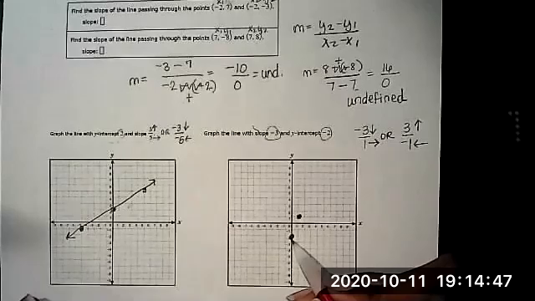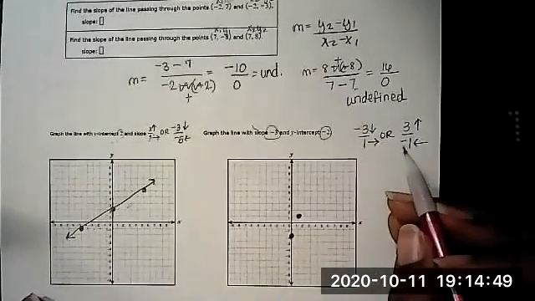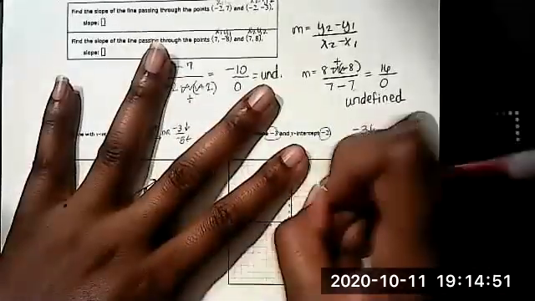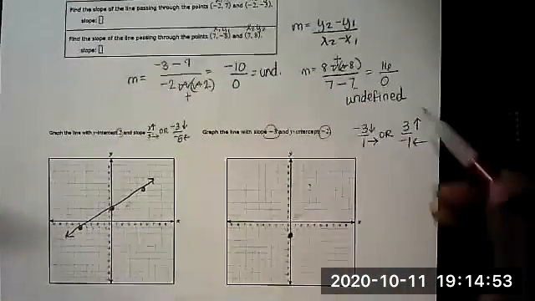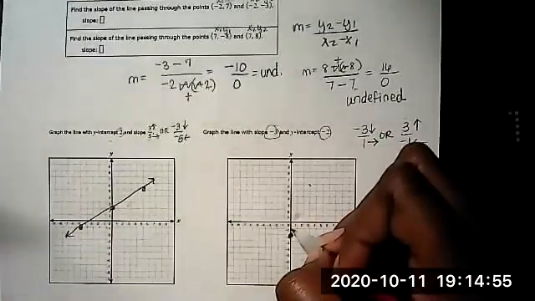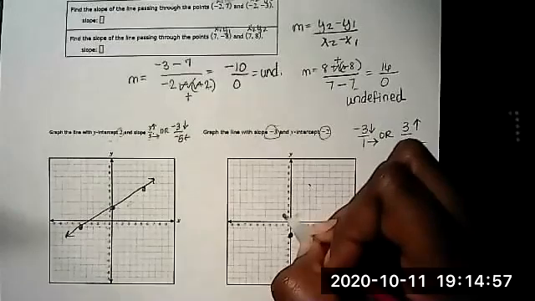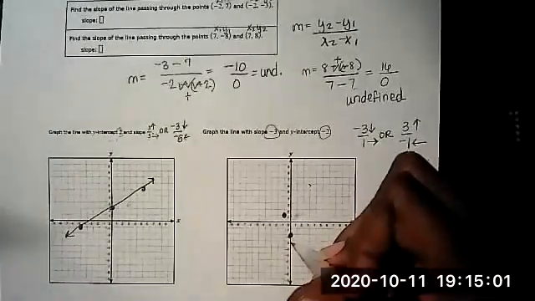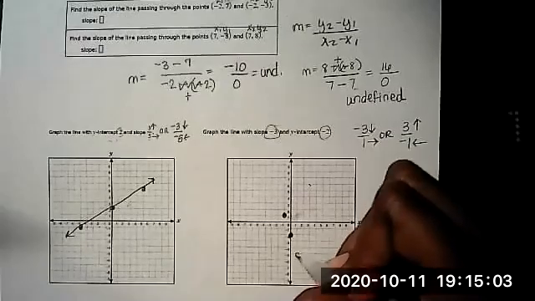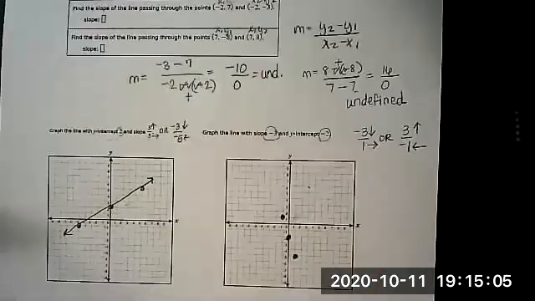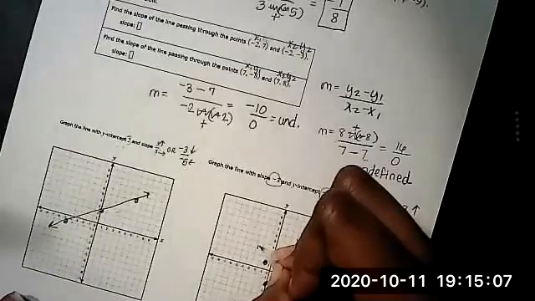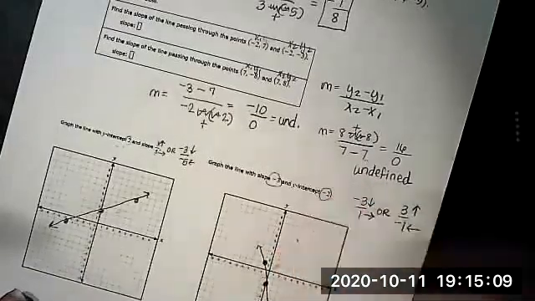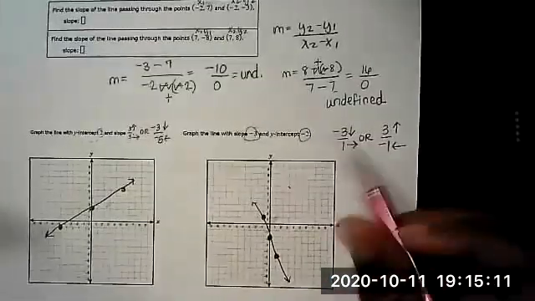And then go back to the y-intercept, go up 3. Oh, sorry, that's not correct. It's up 3, left 1. Sorry. Okay. And then down 3, 1, 2, 3, right 1. There you go. Okay. And that is our line, using our slope and y-intercept.